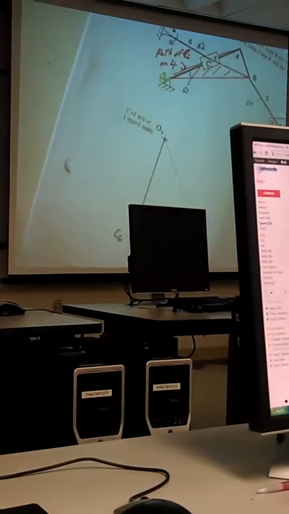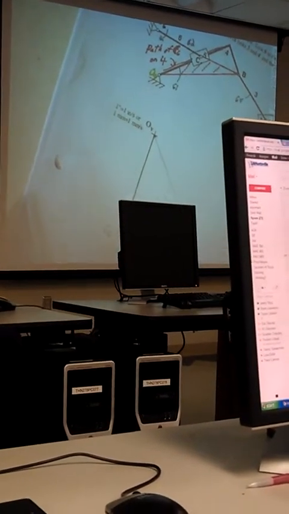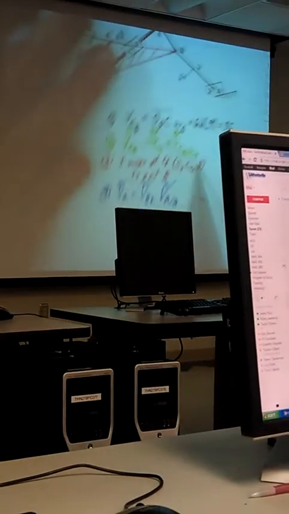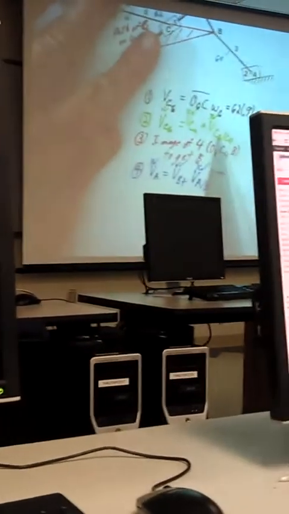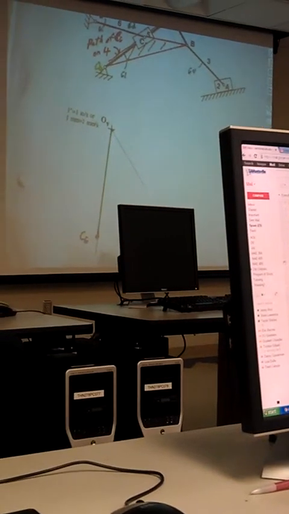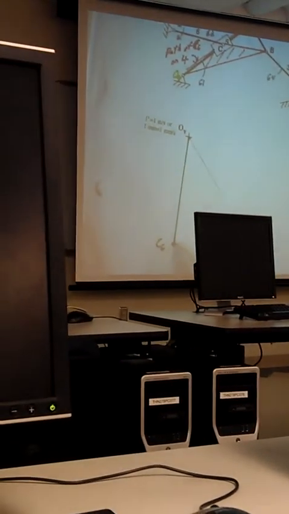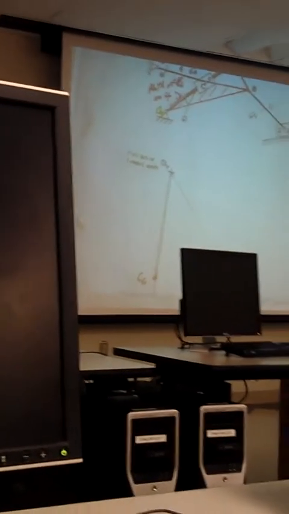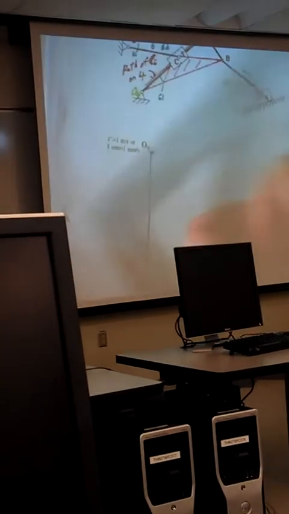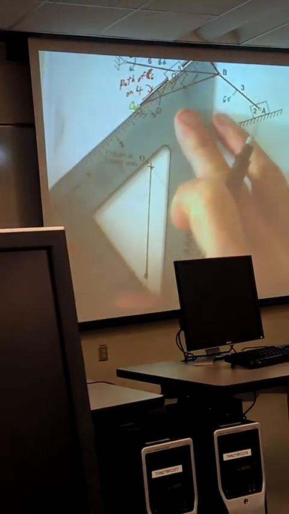I know that the direction of the relative velocity C6, C4, on my velocity polygon, is going to go between C6 and C4. On my diagram, I can see C6, but I don't see C4. I know the relative velocity is tangent to the path. So I'm going to draw a line parallel, not perpendicular.